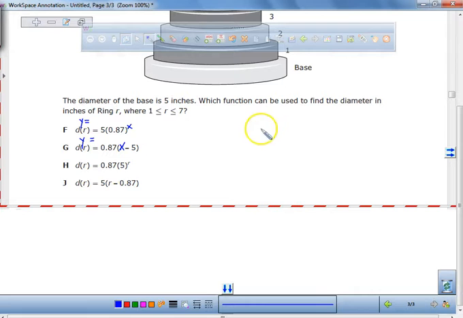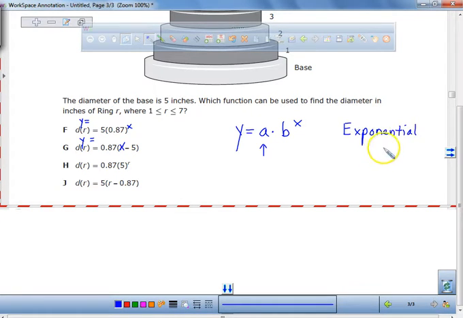Now this is an exponential function. Let me explain what an exponential function is. Y equals a times b to the power of x. What I want you to understand, in the exponential function, I'll write the word exponential.